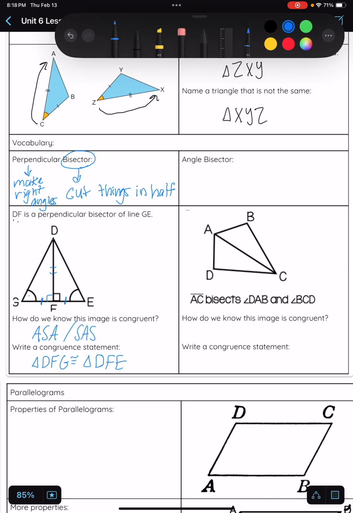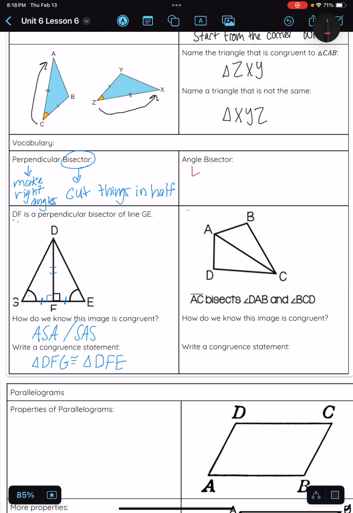Now, angle bisectors are kind of the same thing, but instead of cutting a side in half, we're cutting an angle in half. So an angle bisector cuts an angle in half. Let's look at this. AC bisects DAB.